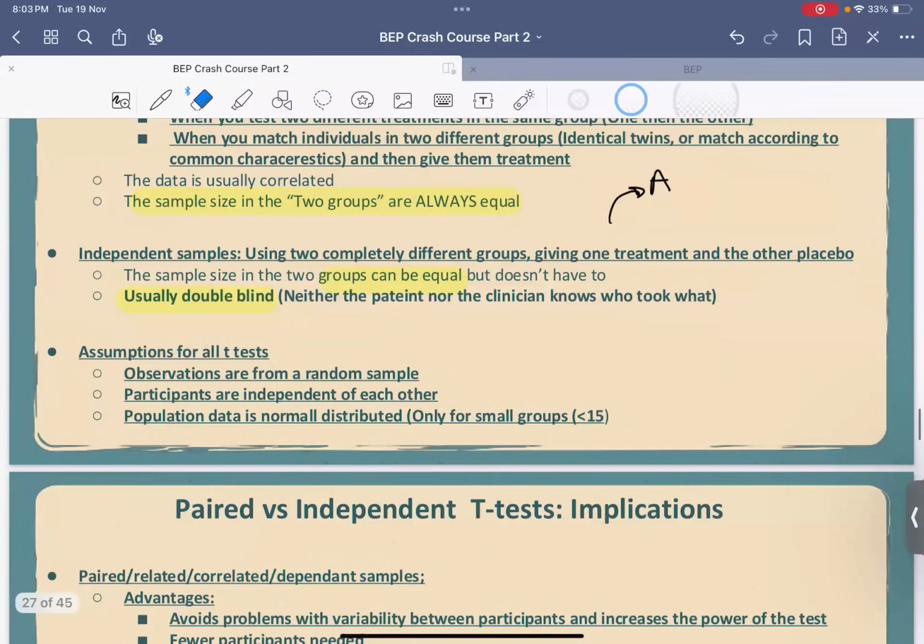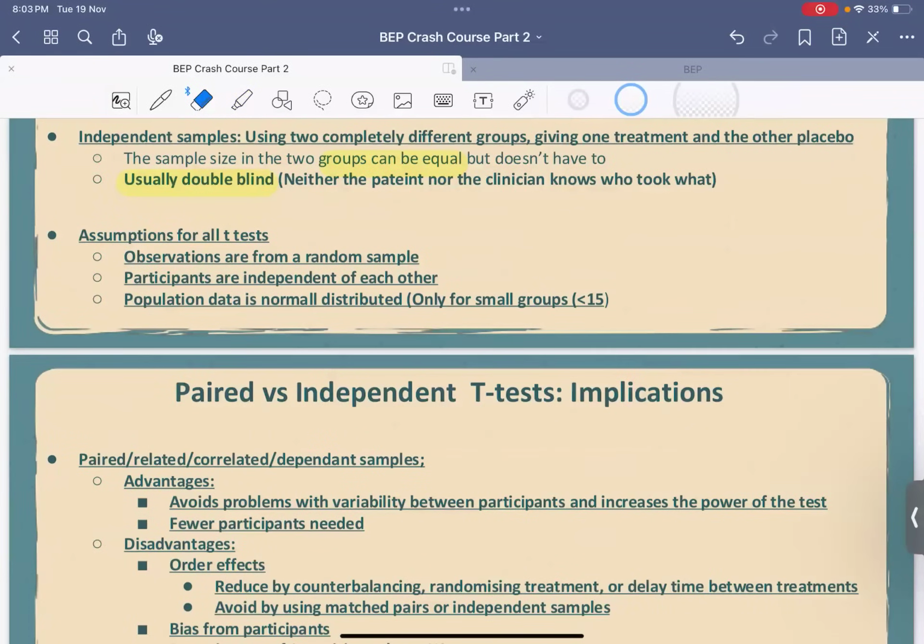Now, we make some assumptions for all t-tests, whether independent or paired. We assume that the sample is random, so we randomly pick people. We didn't pick people according to who we like or didn't like. We didn't pick all females or all males, so we're picking a random sample. And we are assuming that the participants are independent of each other, so what happens to a participant does not affect the other participant.